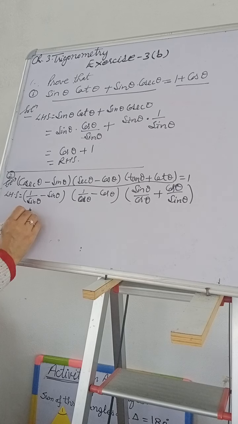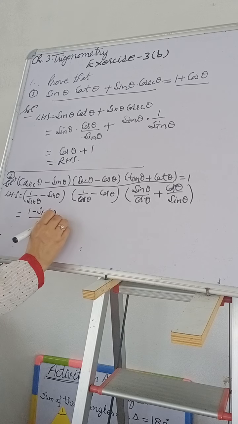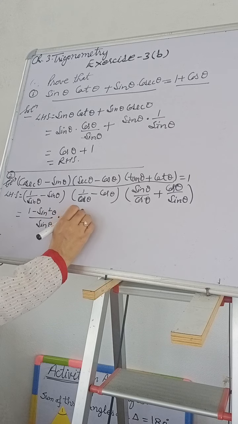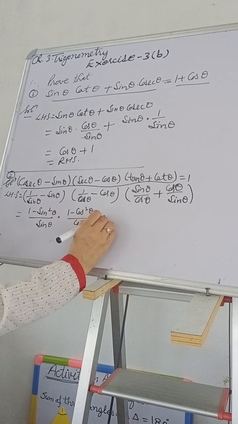Now this is equal to 1 minus sin square theta upon sin theta, into 1 minus cos square theta upon cos theta.